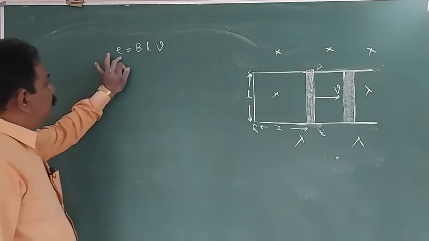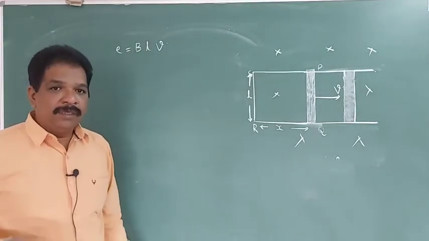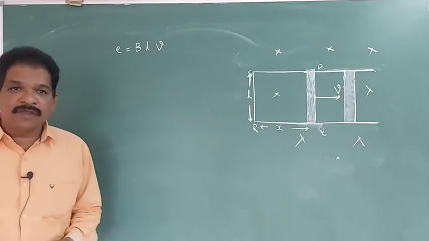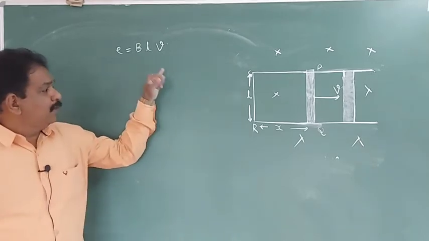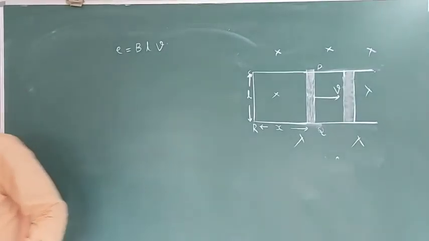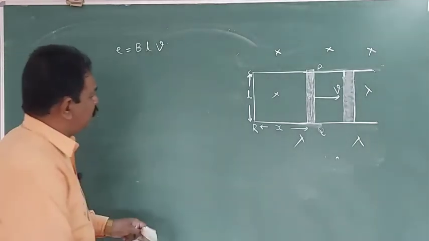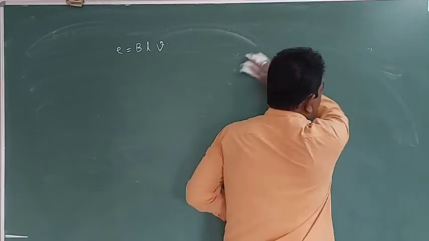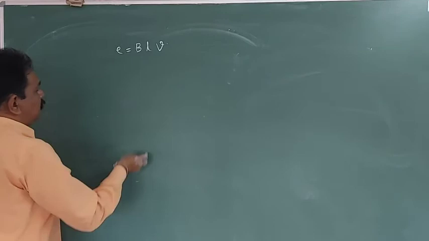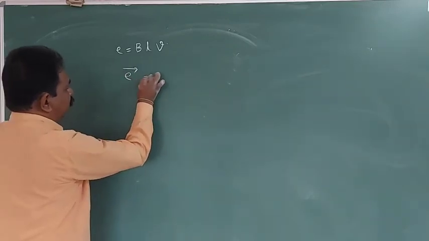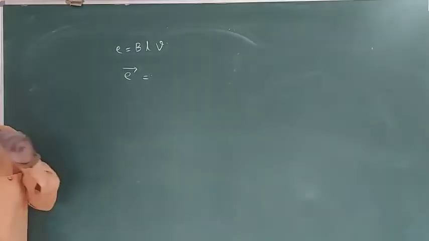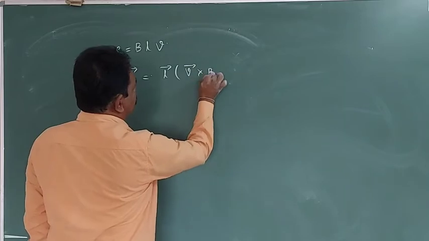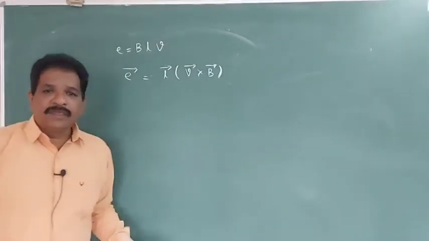So the induced EMF formula is E is equal to BLV, where L is the length of the rod, V is the velocity of the rod, and B is the magnetic induction. Next, if we write this in vector format, we can write it as E bar is equal to L bar into V bar cross B bar.